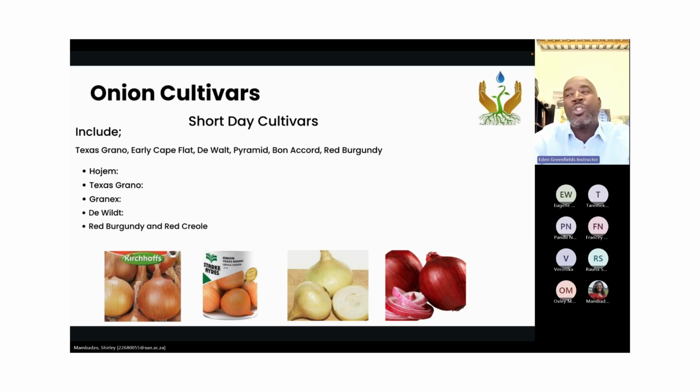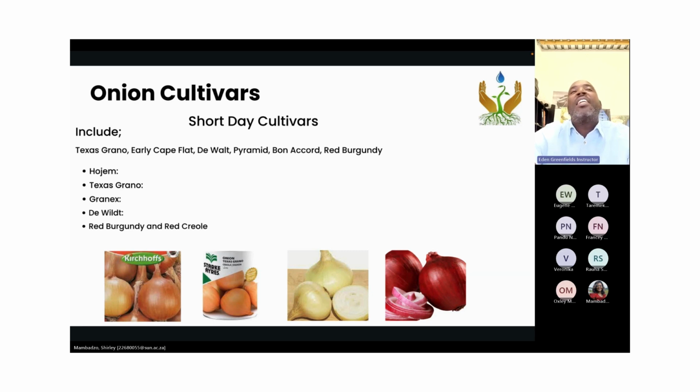So why are they called short day cultivars? It is because they require a small number of hours per day, compared to what we call the intermediate and the other long day cultivars. So, for example, we have the Hoyam cultivar, which is a mid-season large cultivar with a round shape and darkish scales.